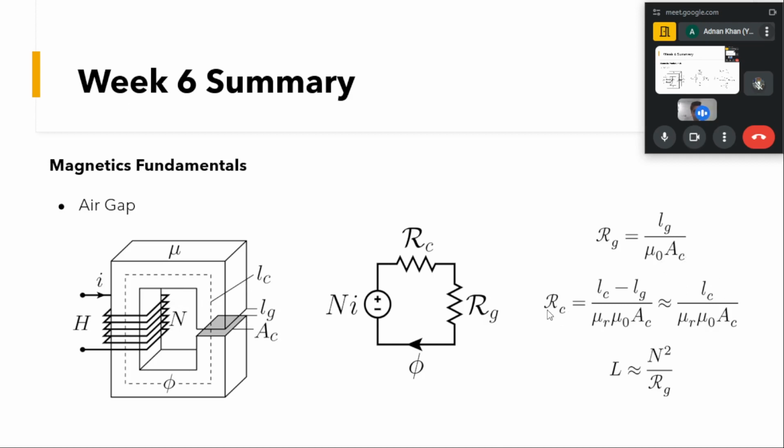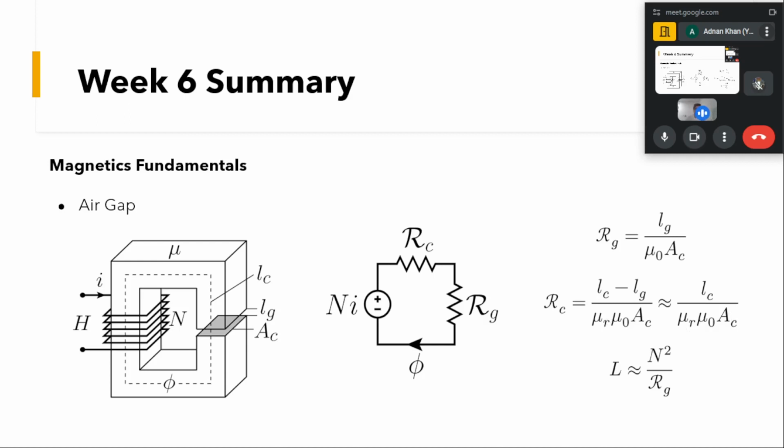And Rc, the reluctance of the core, will be equal to the mean length of the core minus the length of the air gap, divided by mu r into mu naught into Ac, where mu r is the relative permeability. As I told you, the value of Lg will be very small compared to Lc, so we can assume it is approximately Lc, and Rc will be Lc divided by mu r mu naught Ac.